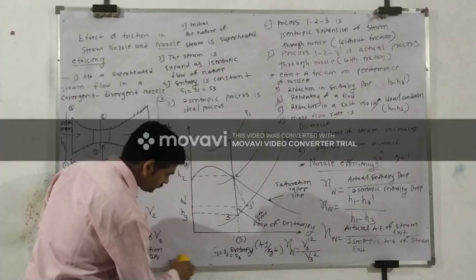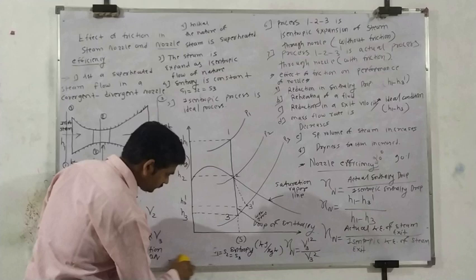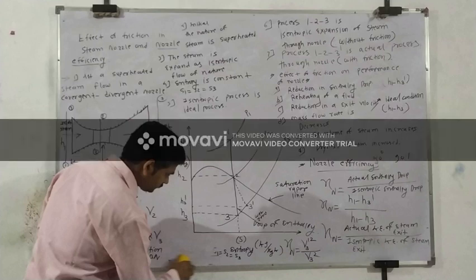So what is in mathematical? CV is equal to velocity. Velocity symbol is V. So what is here? Tell me. Yes, V3 dash upon V3. So V3 dash actual velocity upon isentropic V3.